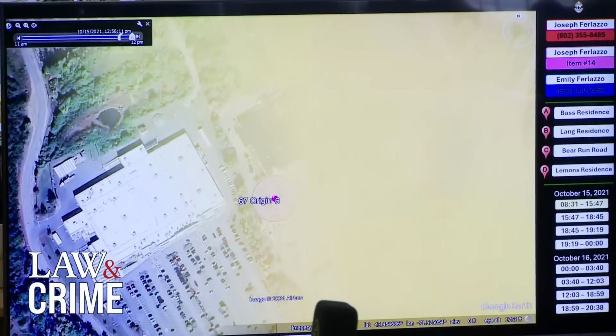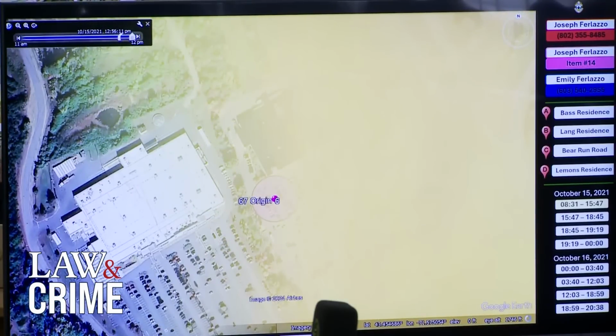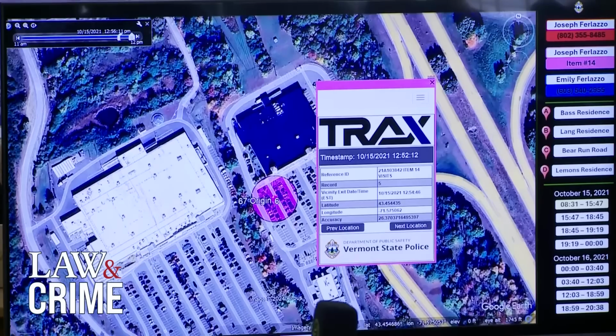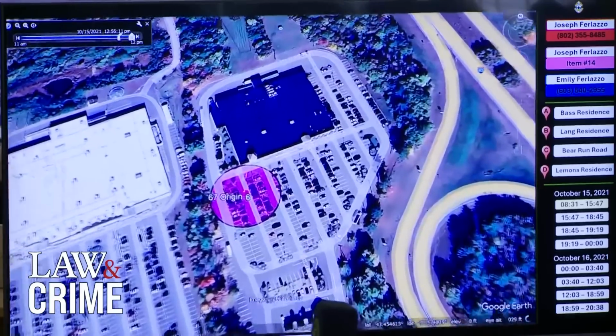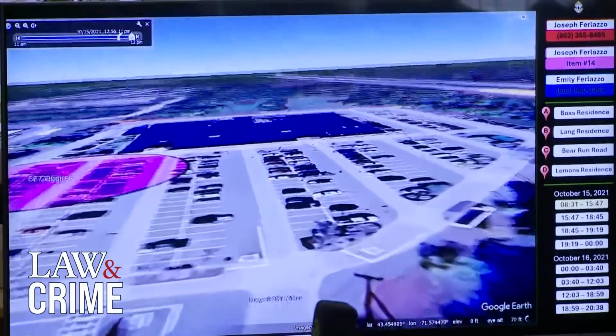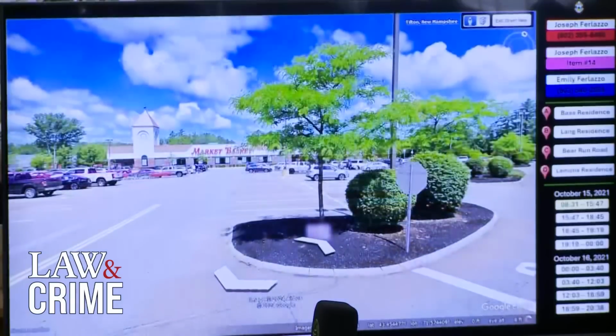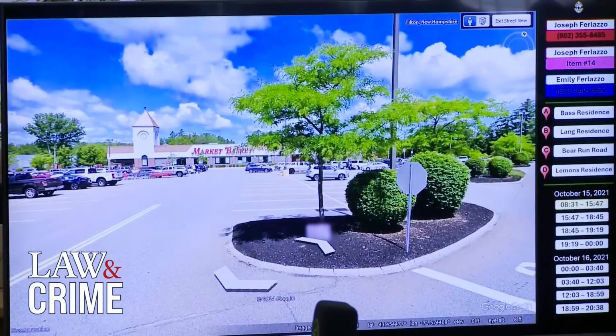When that trip ended, there was a corresponding significant location visit. In this particular case, it went from about 12:52 to 12:54 on the 15th. And as I examined it further to see what was in the area of where that significant location visit occurred, I saw that it was actually a Market Basket shopping center down in that area.